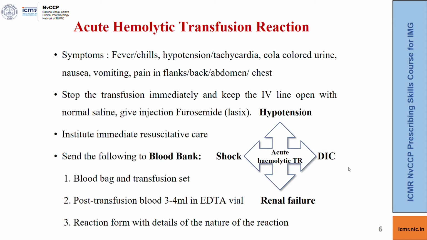In case any of these occurs, immediately stop the transfusion and keep the IV line open with normal saline and give injection furosemide. Institute immediate resuscitative care and give the patient corticosteroids if required. You will need to send to the blood bank the blood bag and the transfusion set, a post-transfusion blood sample of 3 to 4 ml in EDTA vial, and the reaction form with details of the nature of the reaction.